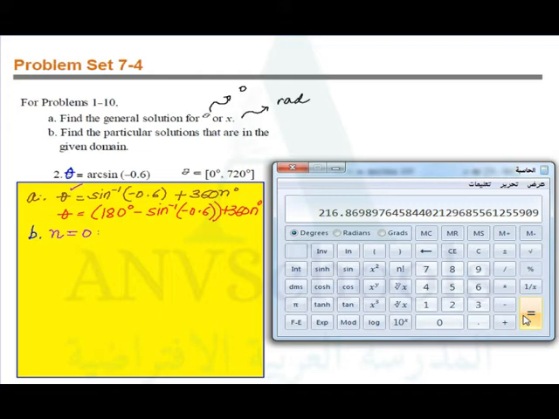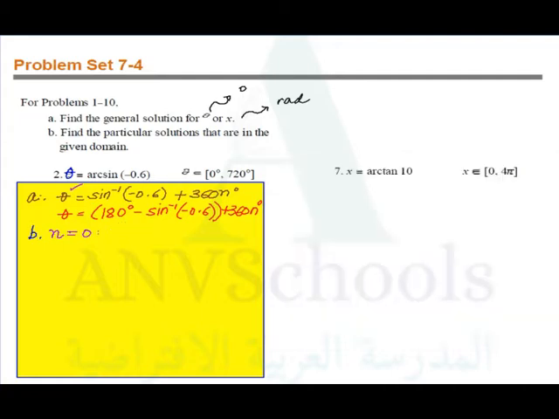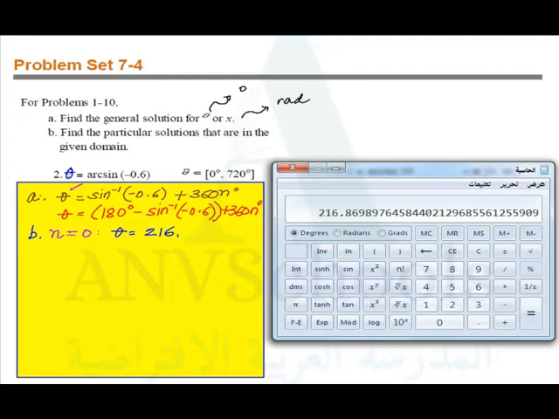Okay, so that is the first solution. That would be 216.8698.